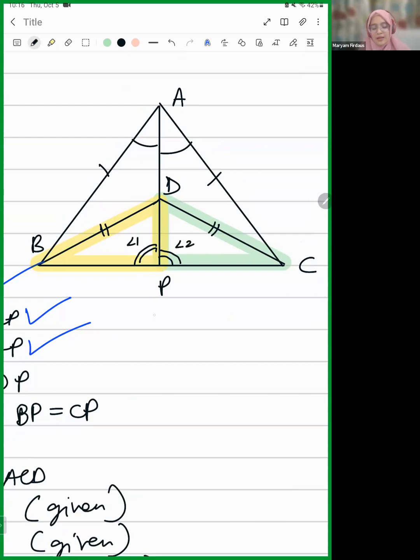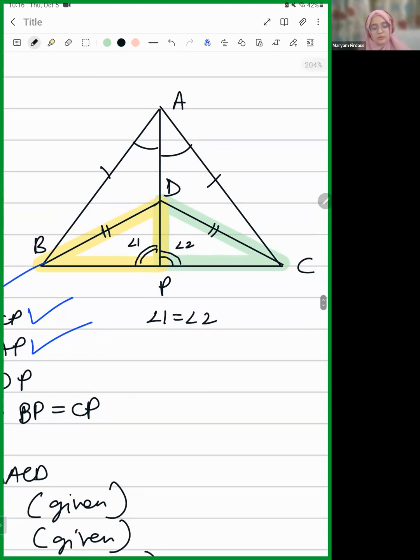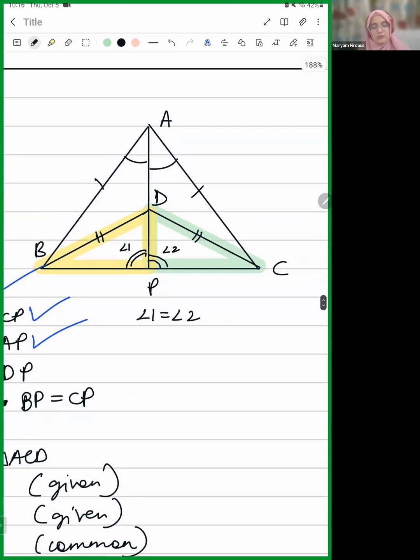So angle 1 is equal to angle 2. If they are in a straight line, angle 1 plus angle 2 equals 180 degrees, and both of them are the same. So twice angle 1 equals 180 degrees, and therefore angle 1 equals 90 degrees.